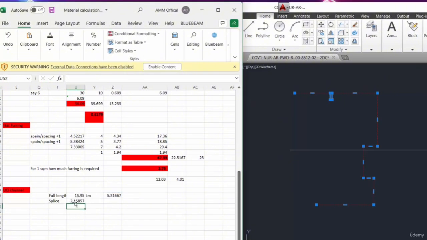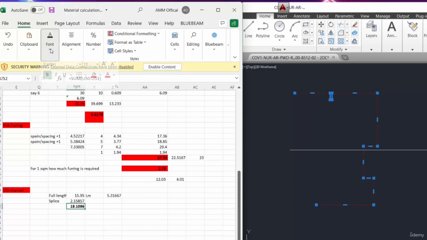Here you can see that we need to provide an additional 2.15 linear meter of the UD channel. So just add both together. This is our total length that we require in order to place our UD channel in this area.